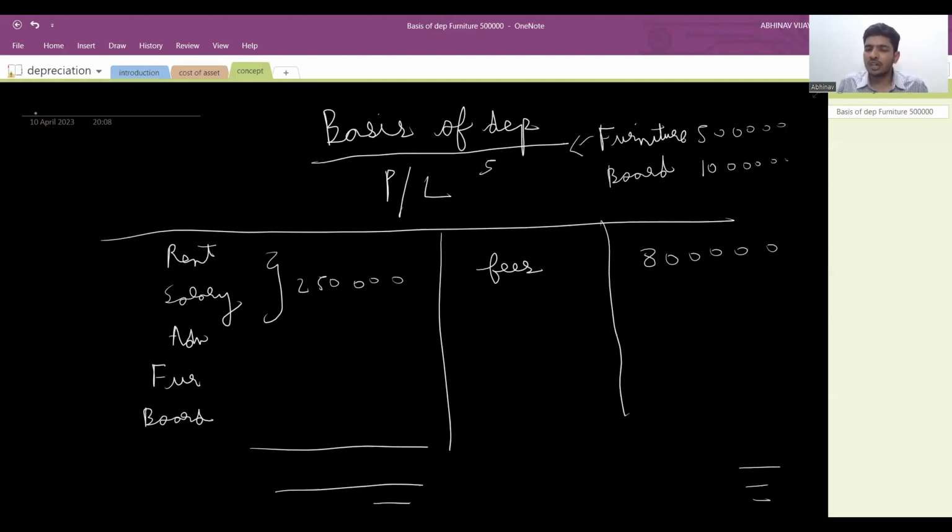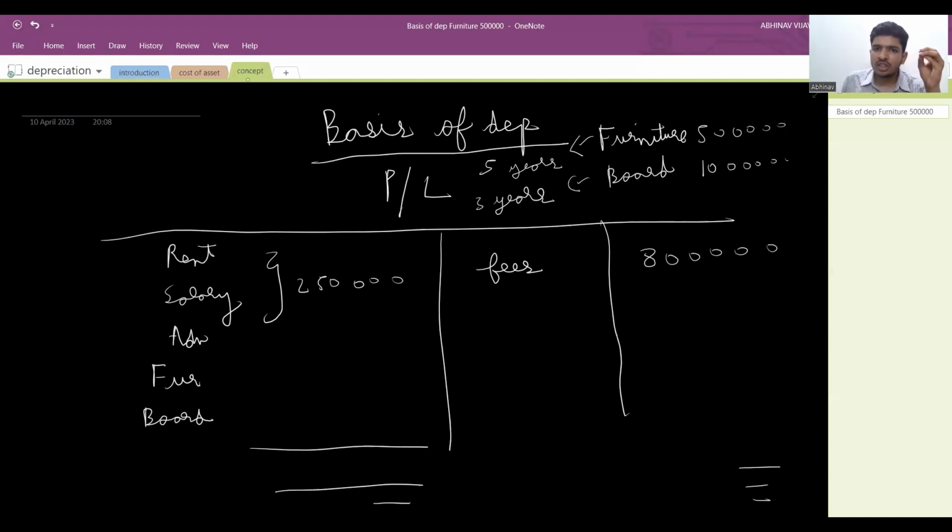I say it lasts for 5 years. And the board, I assume, will give me benefit for 3 years. So now the government says, the 5 lakh rupee furniture you bought will give you benefit for 5 years, and the 1 lakh rupee board will give you benefit for 3 years. So then divide it and just take the benefit of the expense for 1 year.